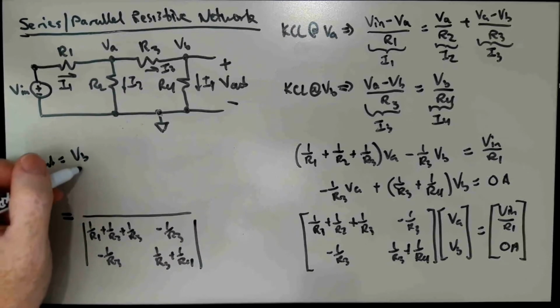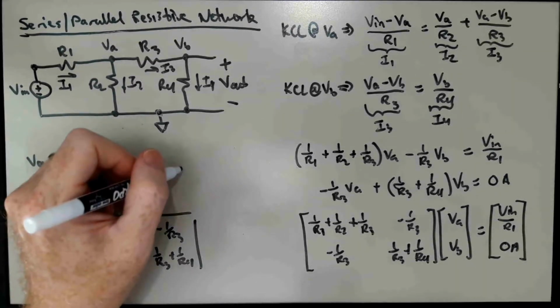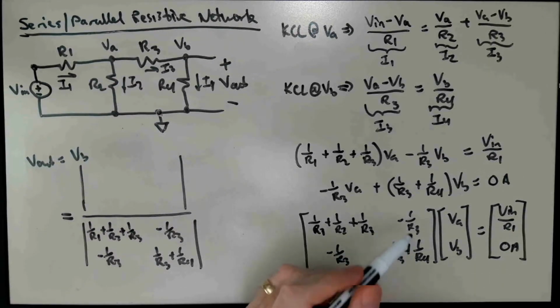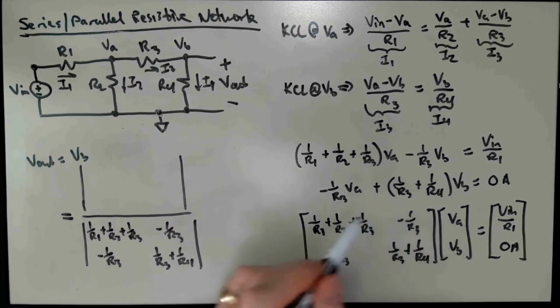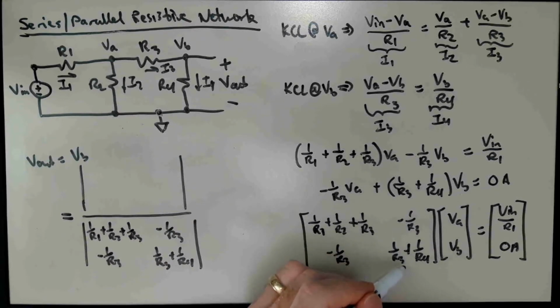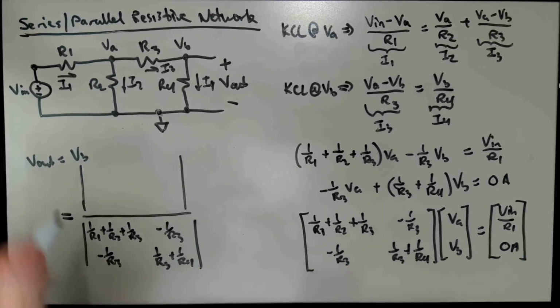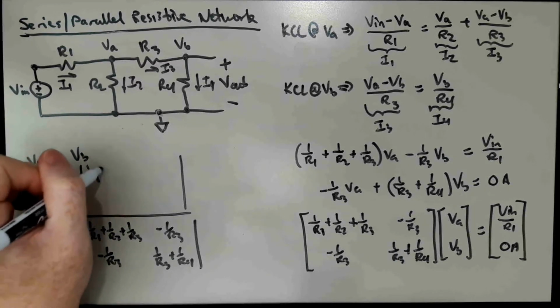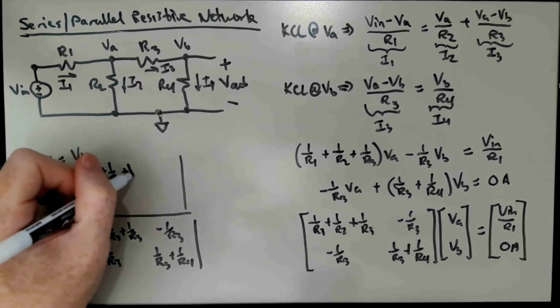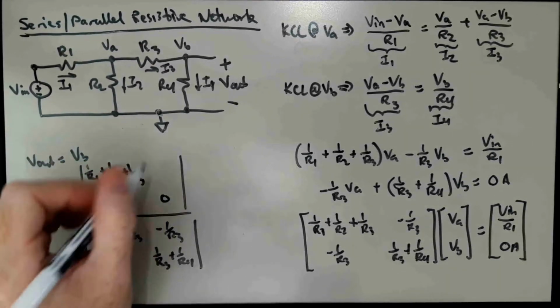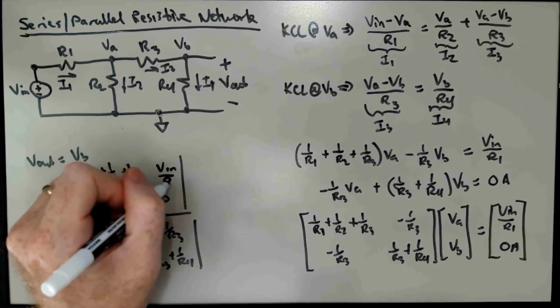And then up in the numerator, we take this matrix here and replace the column corresponding to the variable that we want to solve for with the column vector on the right hand side here. The details really don't matter, but we would have 1 over R1 plus 1 over R2 plus 1 over R3, minus 1 over R3, 0, and Vn over R1.